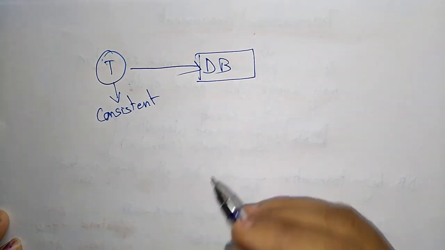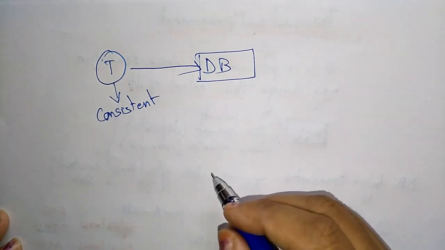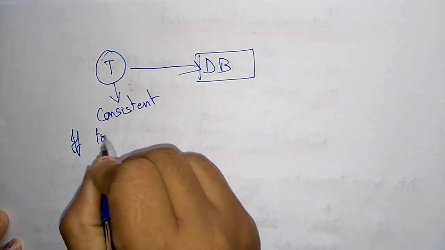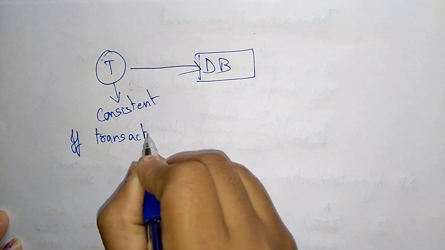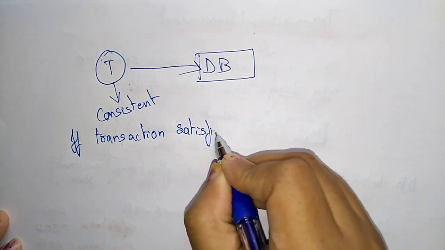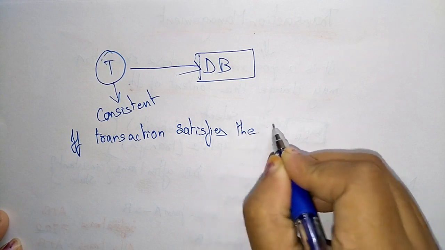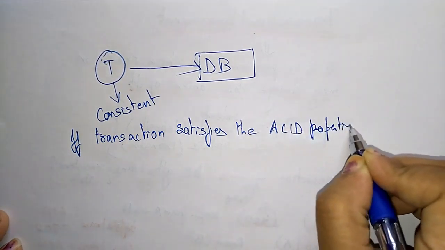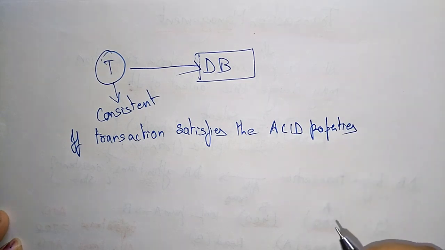Those you call ACID properties. If a transaction satisfies the ACID properties, then you can say that your transaction is maintaining database consistency.